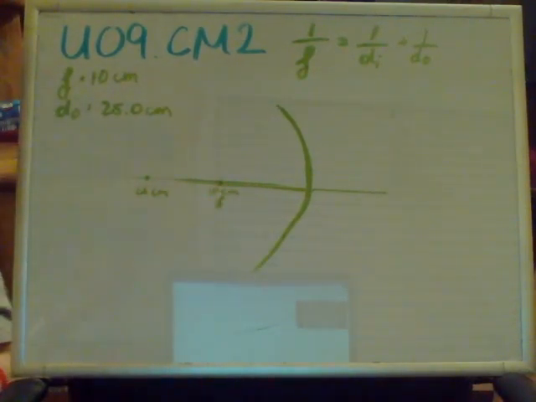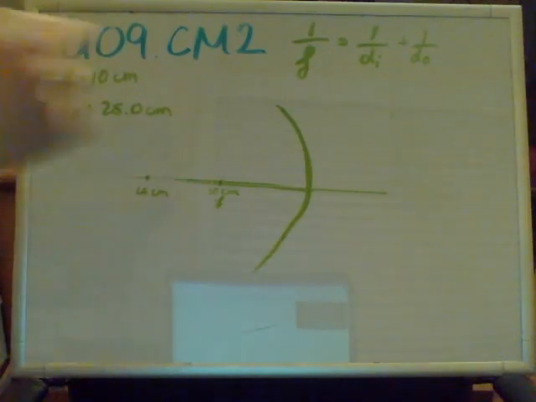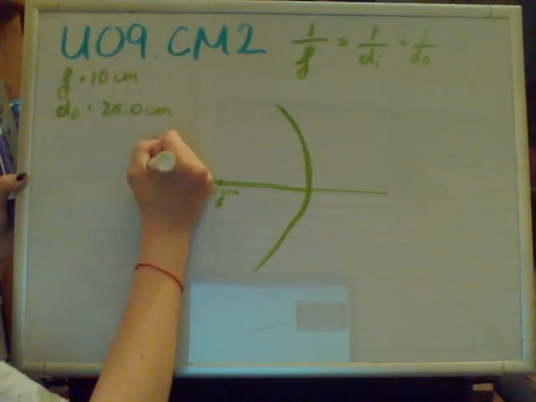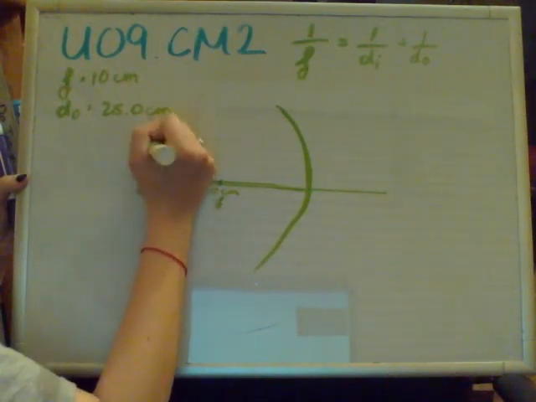So first off, we're going to draw our parallel ray, which is the ray that goes parallel to the mirror from the object. Actually, I forgot to draw the object. Whoops. Your object is going to be right here, standing up kind of straight.